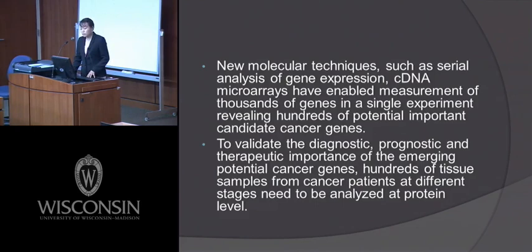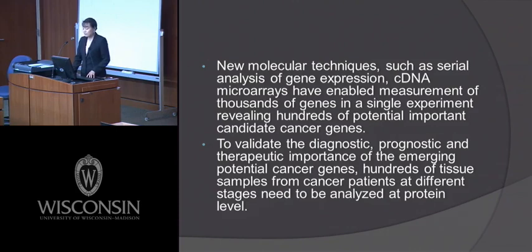However, as new molecular technology advances, such as serial analysis of gene expression and cDNA microarrays, it has enabled measurement of thousands of genes in a single experiment, revealing hundreds of potentially important candidate cancer genes.